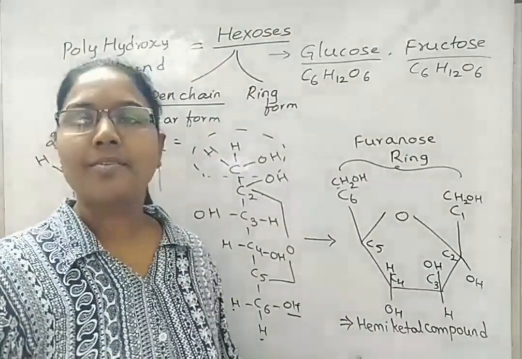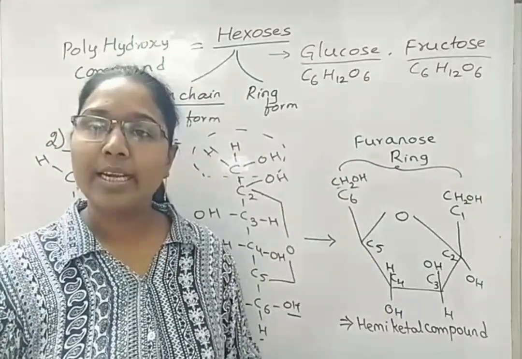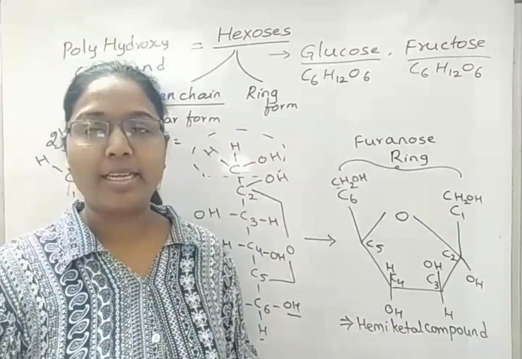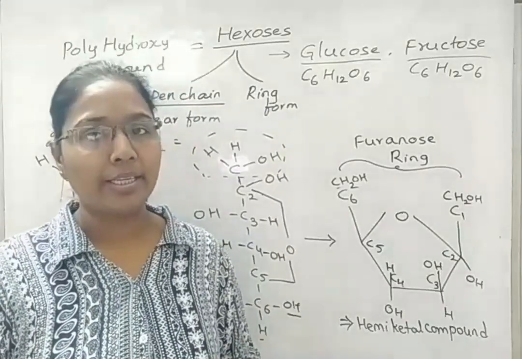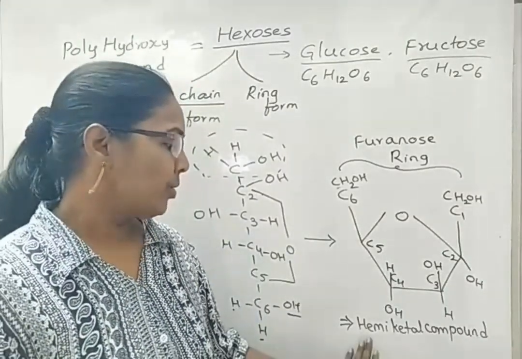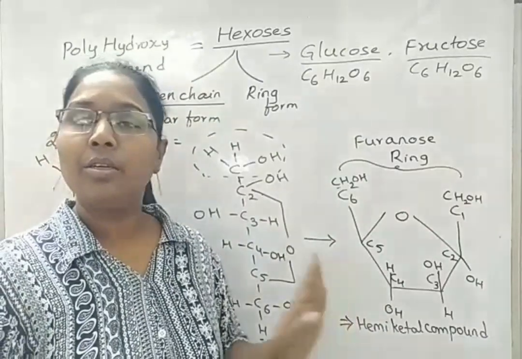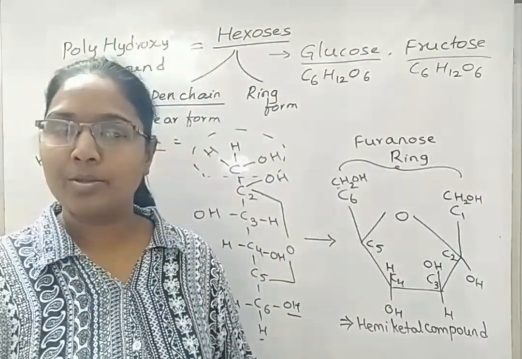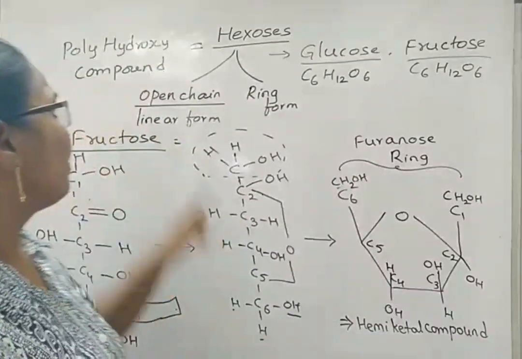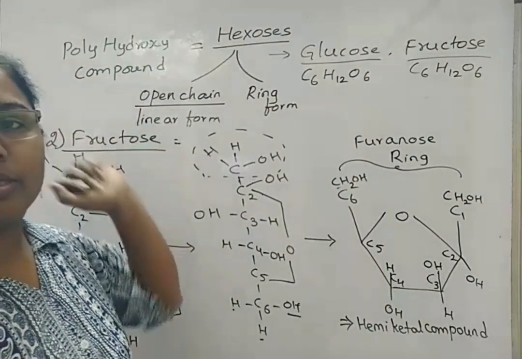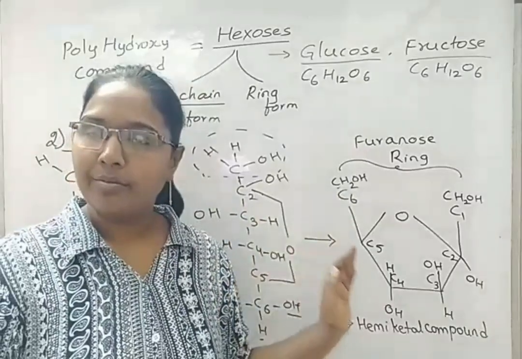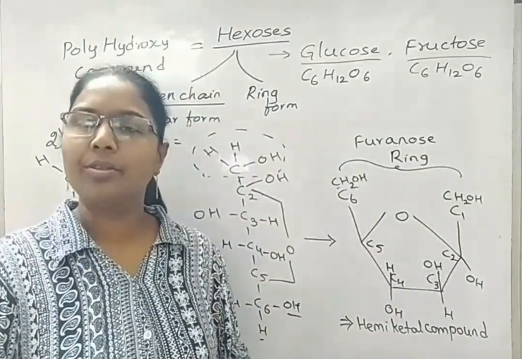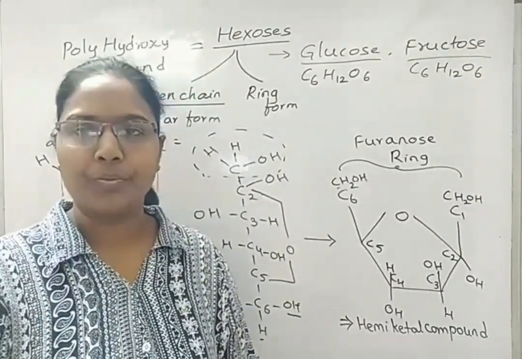But there was a fact that glycosidic linkages are not formed or existed either in glucose or in fructose. So here I have told you a few different terms for hexoses. Hexoses are also called polyhydroxy compounds because, when we take a few examples, even galactose has many OH groups.